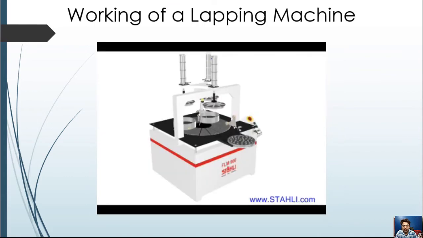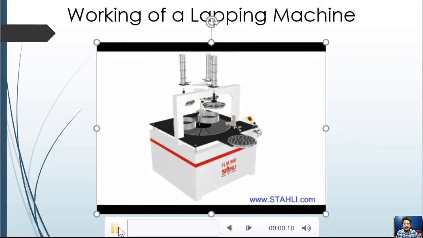Now, the working of a lapping machine. Let us initially understand this by seeing the video. Then we shall proceed to the mechanism of material removal in this lapping process. This is the working of a lapping machine.